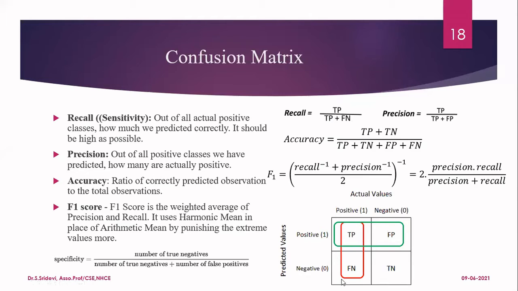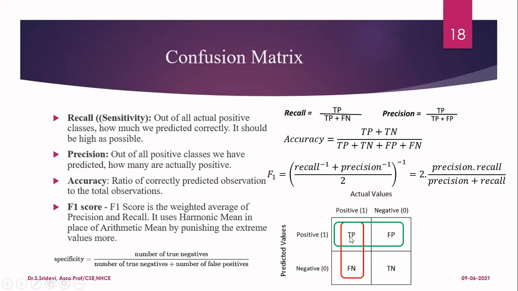That is called actual positive classes. That is the rectangle I have drawn in red color. So what is there in the red color? TP plus FN. Out of all actual positive classes, how many did we predict correctly? Out of these two, how many did we predict correctly? TP is nothing but the values we predicted correctly, but FN is nothing but the values we predicted wrongly.